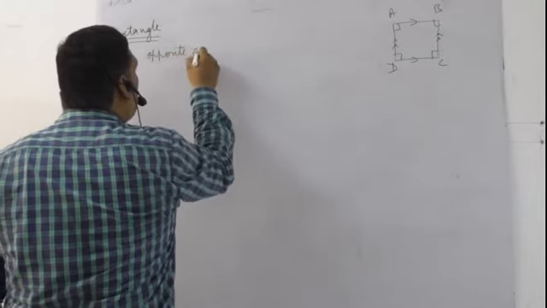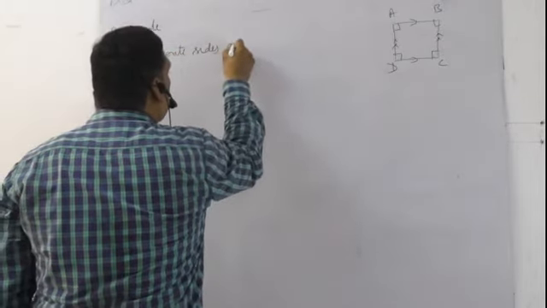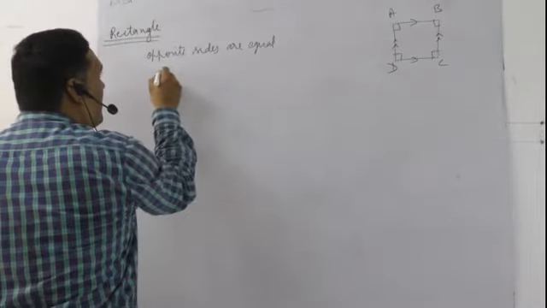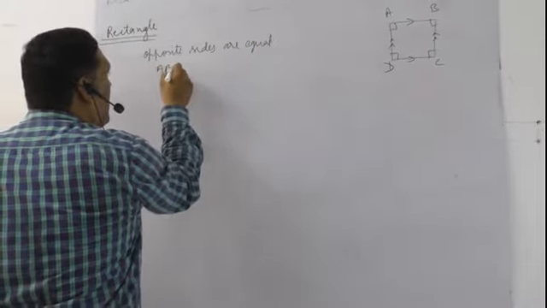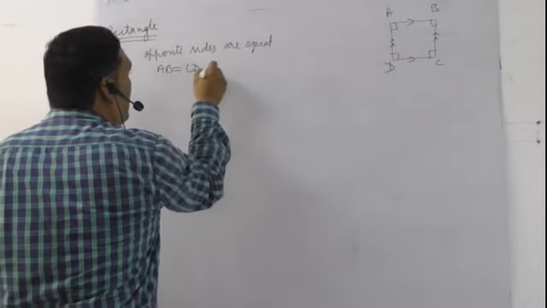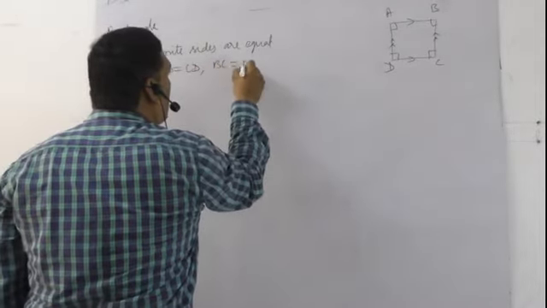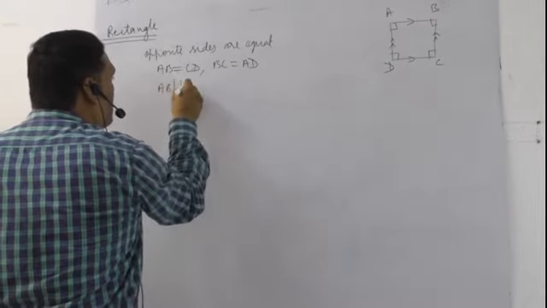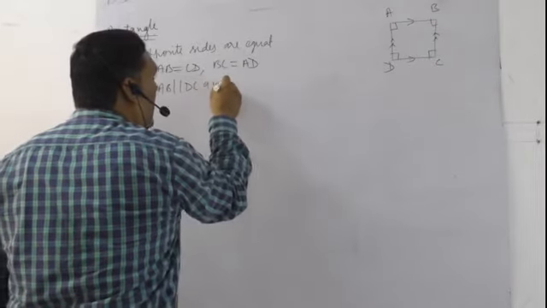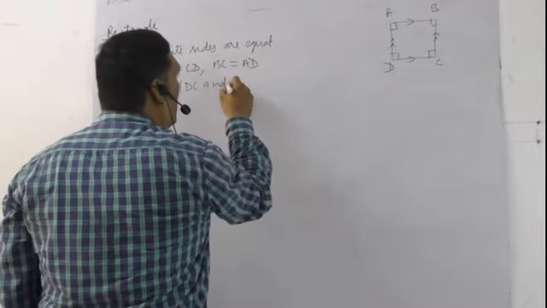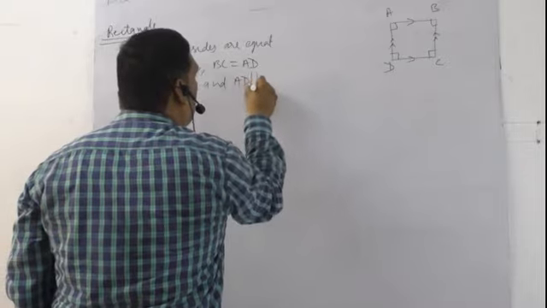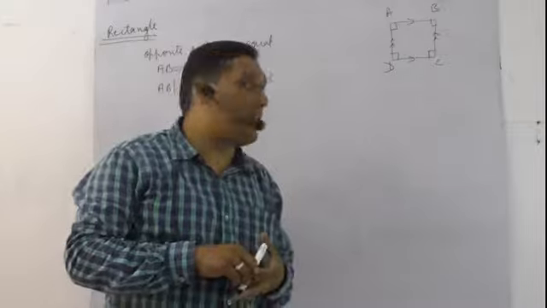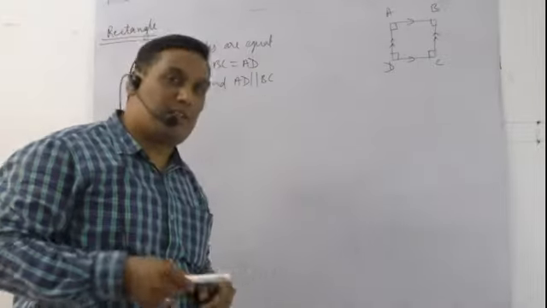Opposite sides are equal. AB is equal to CD and BC is equal to AD. Similarly, AB is parallel to DC and AD is parallel to BC.